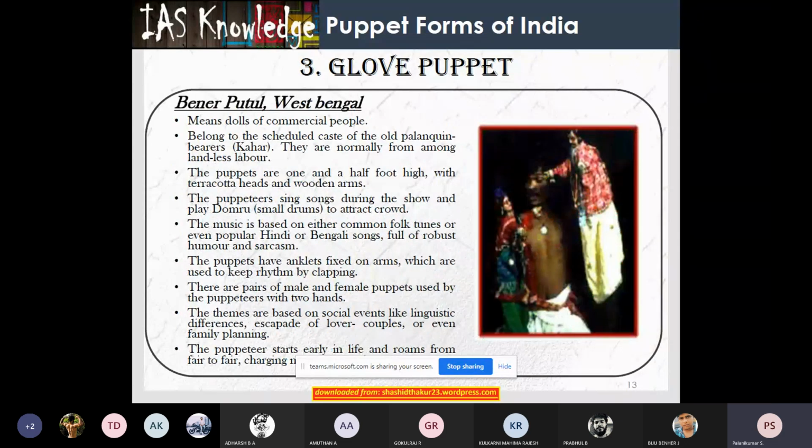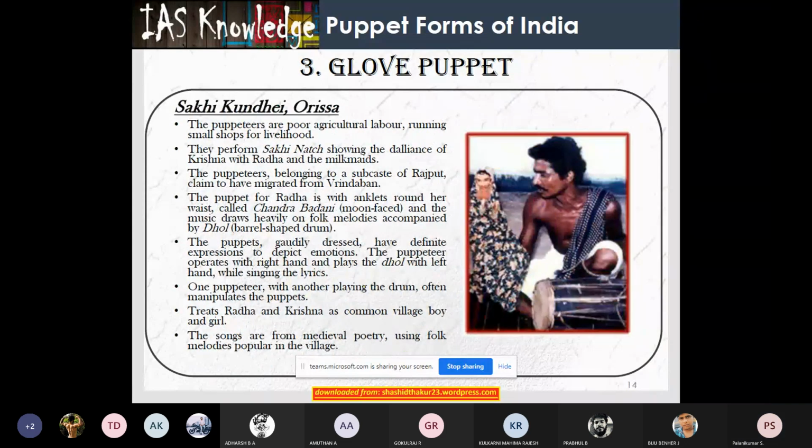The same type of glove puppet is there in West Bengal also. Especially commercial people, those selling commercial products like sweets, used this type of glove puppet.